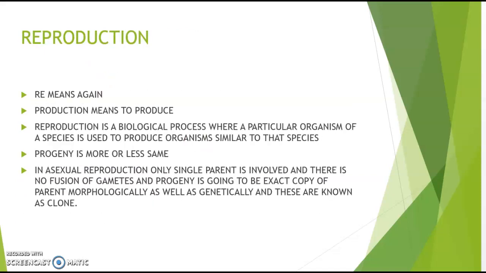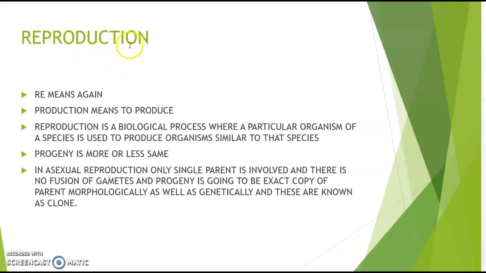The next term that I am going to explain is another feature of living organisms, that is reproduction. In growth, we have checked that living organisms can grow. Even non-living things, to some extent, grow because of accumulation of matter. So growth is not a characteristic feature.